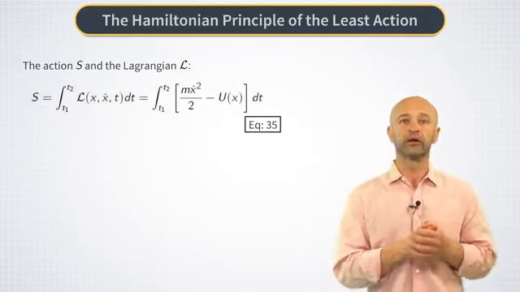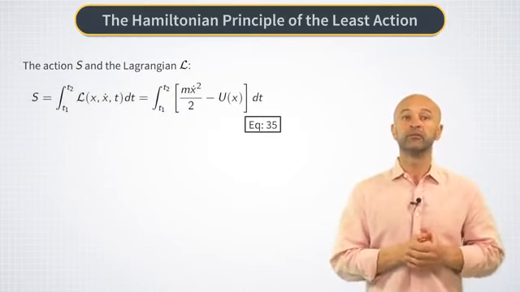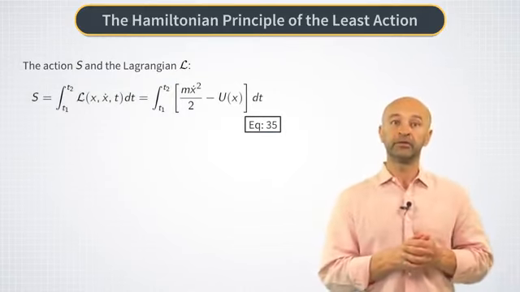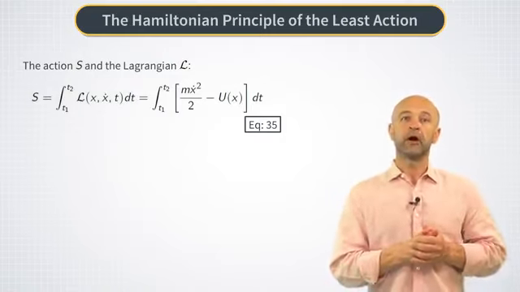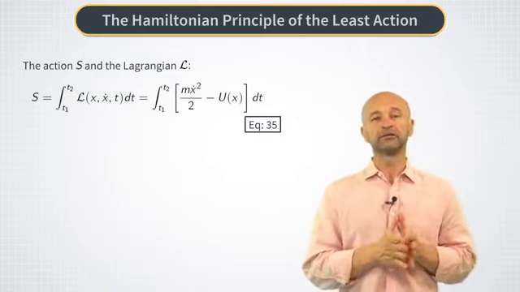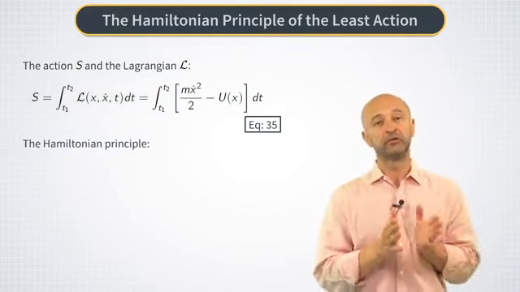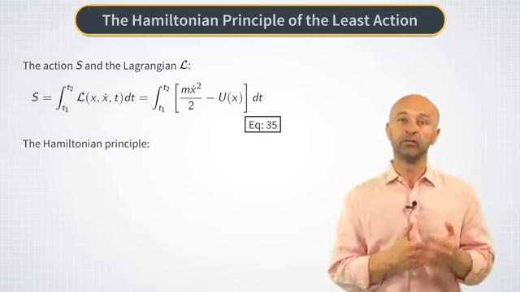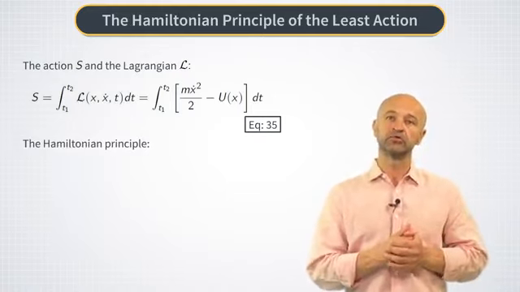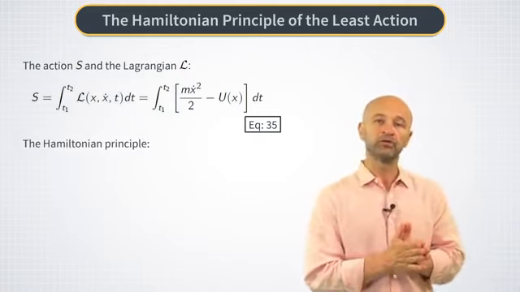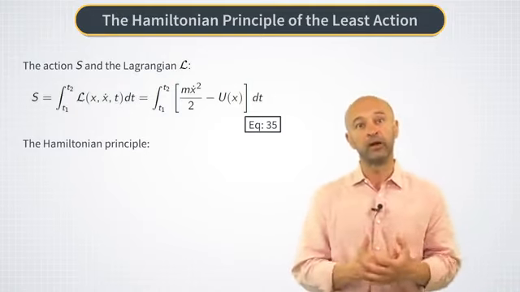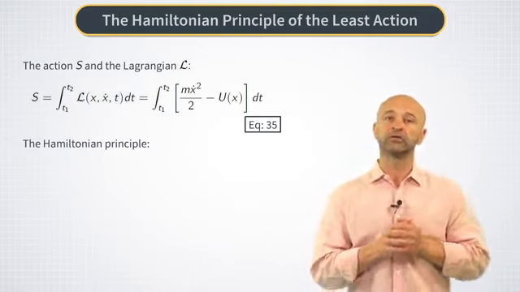And in its turn, the Lagrangian function is given by a difference of the kinetic and potential energies. Now, all of classical mechanics can be derived from a single principle called the Hamiltonian principle. It says that the motion of a mechanical system should be such that the action along a trajectory is minimized. And this is called the Hamiltonian principle of least action.